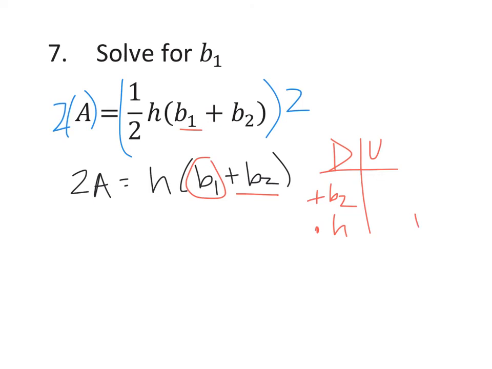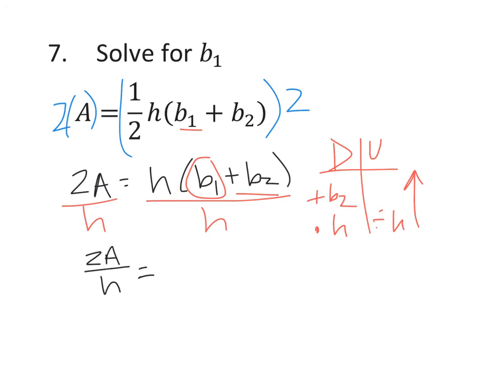So what would be the short way would actually be to divide both sides by h. So I could divide by h, so 2a over h equals b sub 1 plus b sub 2, and now you would just subtract. Basically what this does is shave off one step for you.